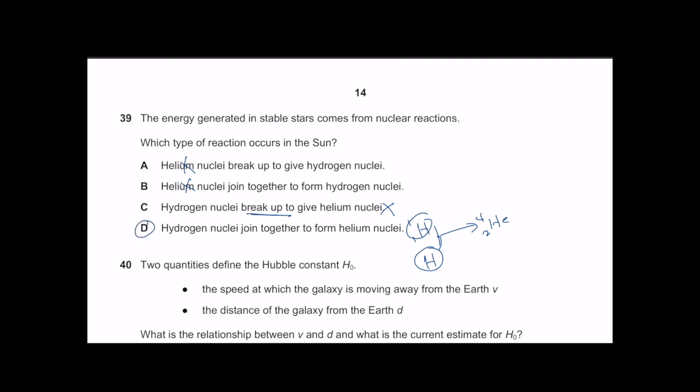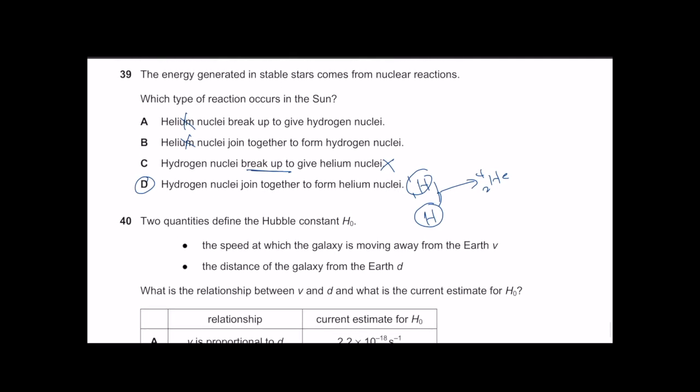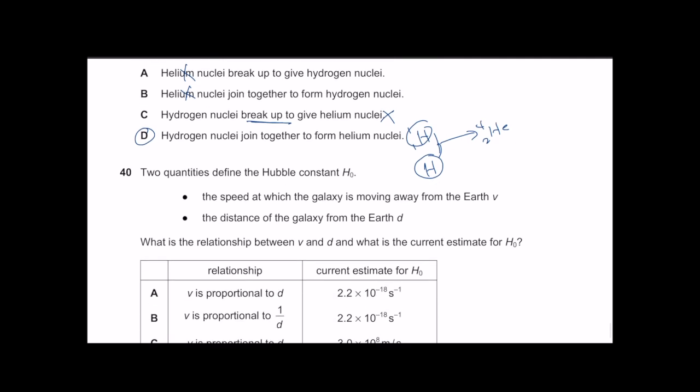So the right answer here is D, because hydrogen nuclei could be joined together to form helium nucleus, and that will make it a little closer to iron, to be more stable. This is the idea of the fusion process that happens on the sun, and this is the reason why the sun is not used up as time passes.